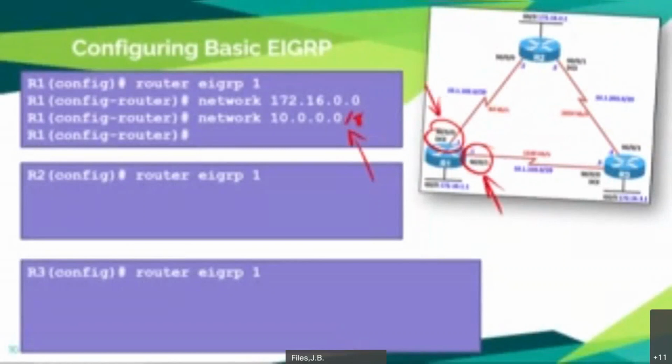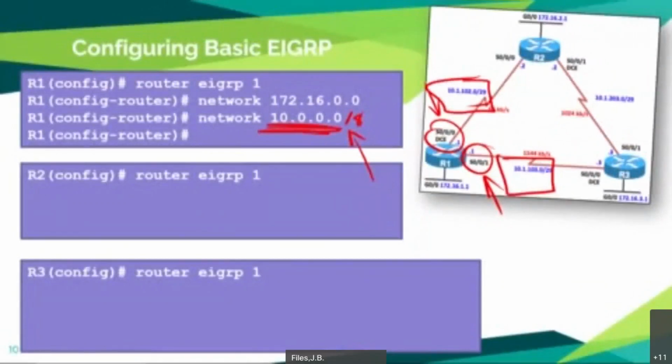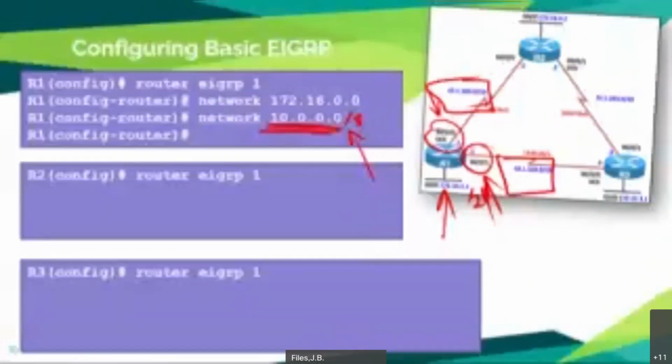Now those interfaces are going to send and receive hellos, and we are going to advertise the subnet that those interfaces are assigned to. So this command is going to cause us to advertise this /29 and this /29, as well as this /24. We don't have this. That's a /24. So keep that in mind.